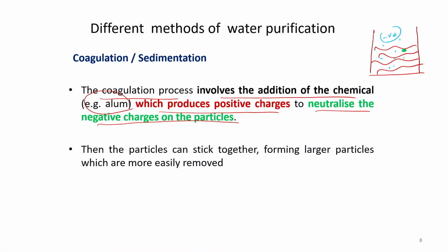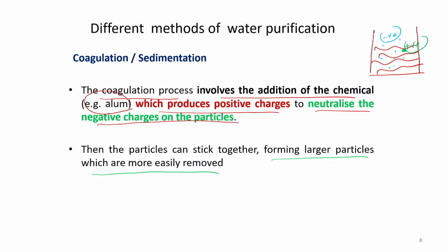Now, all this is negative, this is positive charge, and these particles will get attracted by the alum and form a larger particle, and that large particle can be removed by simple filter cloth. So, that is the process which is very commonly used.